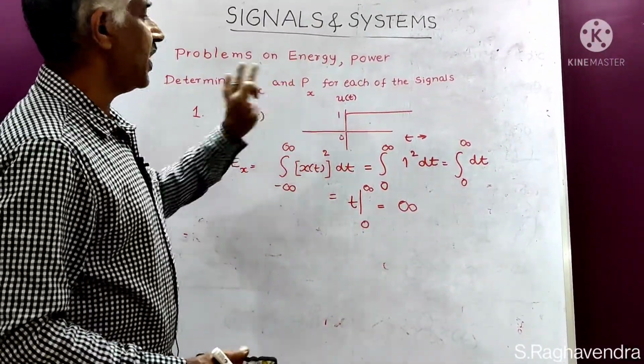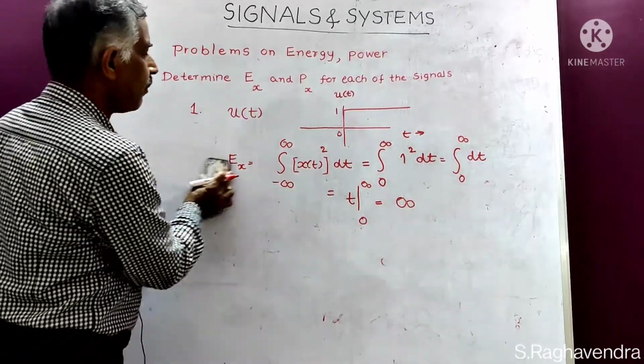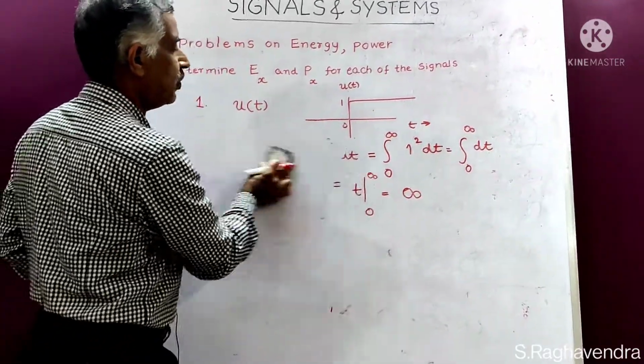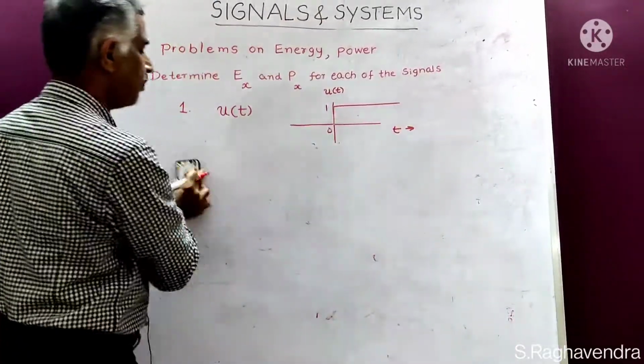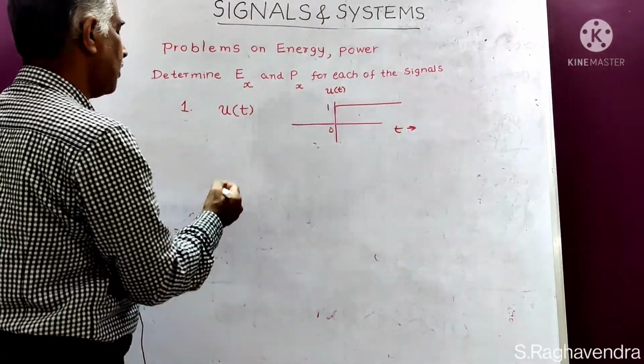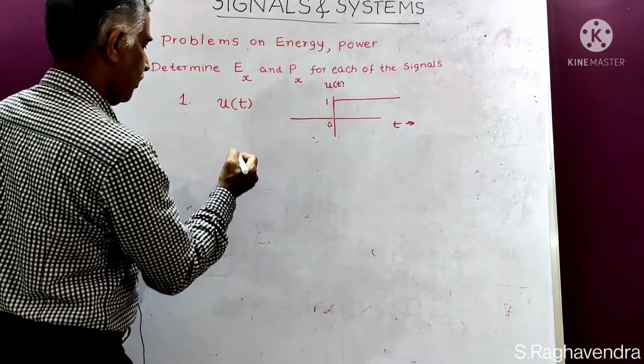Now we shall find Px. For finding Px, once again I will remind you of the formula. You can easily remember what power is: power is nothing but energy divided by time.